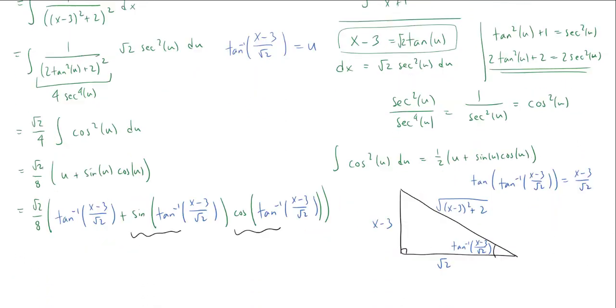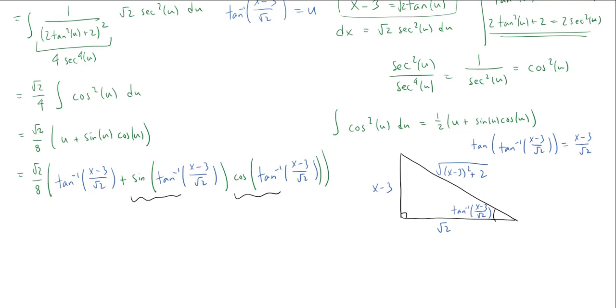That's kind of neat. Now we can go back and ask, what is the sine of this angle? I get the sine by taking the opposite over the hypotenuse. So the opposite is x minus 3, and the hypotenuse is the root of (x minus 3) squared plus 2.